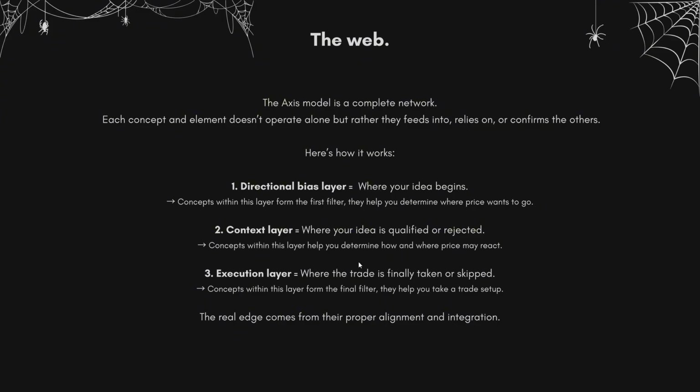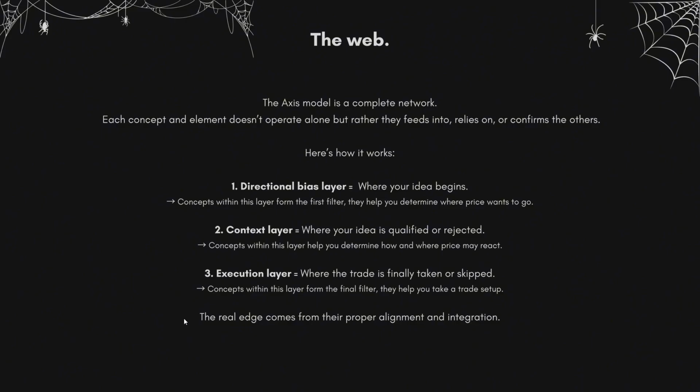Okay, it's where you either step in or you sit out. And I've developed a systematic framework for this layer as well, which you're going to see in just a few minutes.